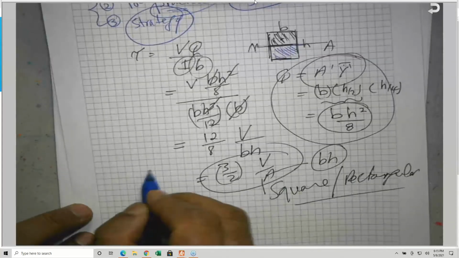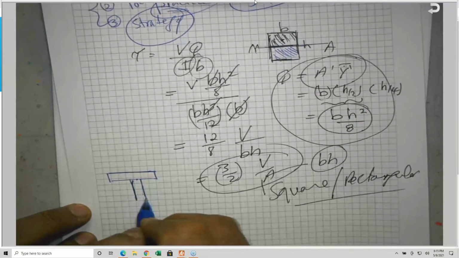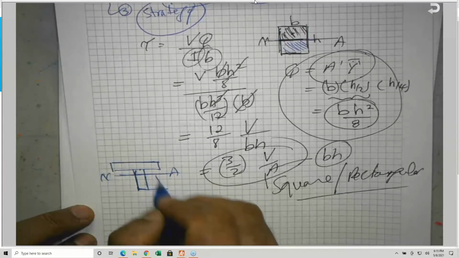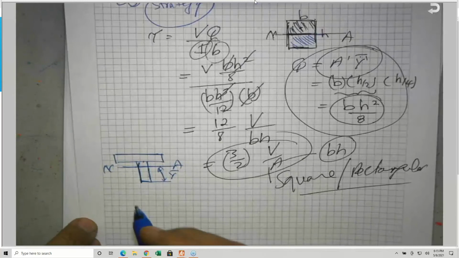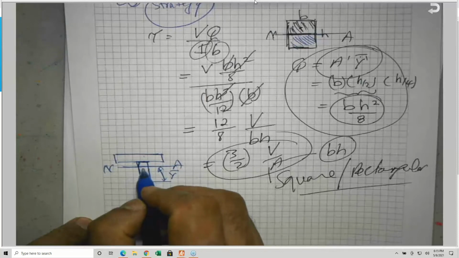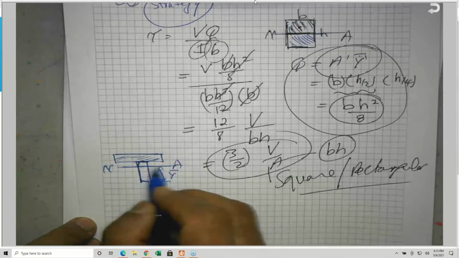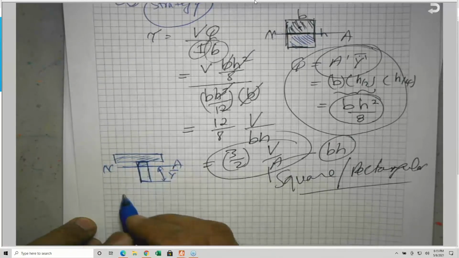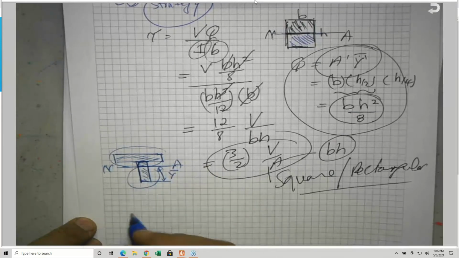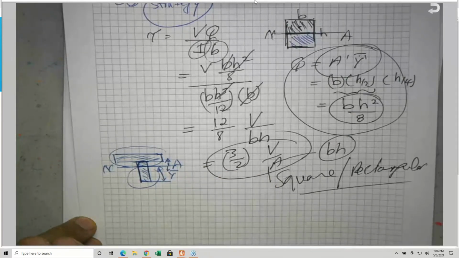If you have a T-beam, like the one in this sample problem, after you locate the distance y bar, the Q at the interface between the flange and the web is only this area. The Q at the neutral axis is equal to the entire area above. Instead of using the two areas, I can use one area at the bottom, and it should give you the same. So the Q calculated from the area above or below will be the same. I need you to be aware of that.